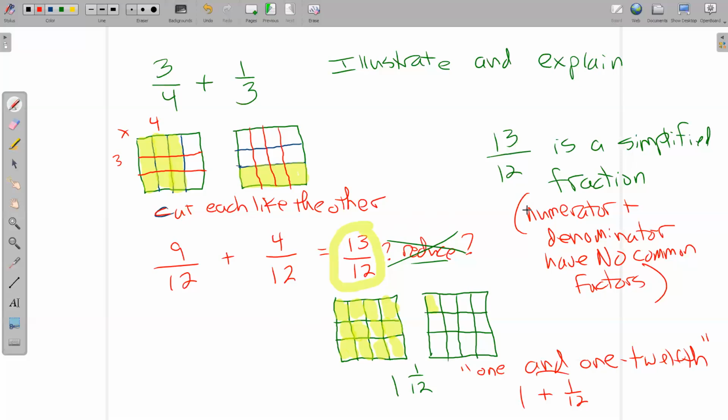So, that's kind of another thing. We call this thing up here, the 13/12, an improper fraction. And usually improper is a bad thing in life. But here it's not. It's totally cool. It's totally okay. Well, I realized in my daughter's class when she was having to do the addition and subtraction, they did make her change the mixed number into an improper fraction in order to do that.